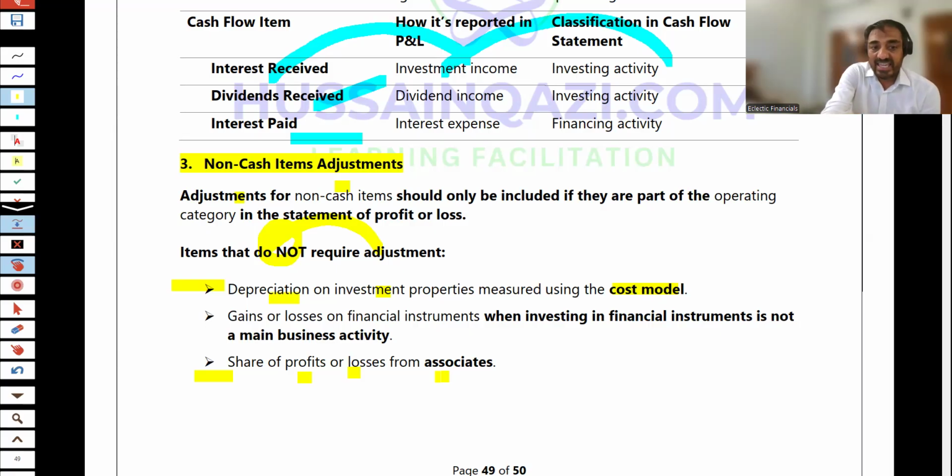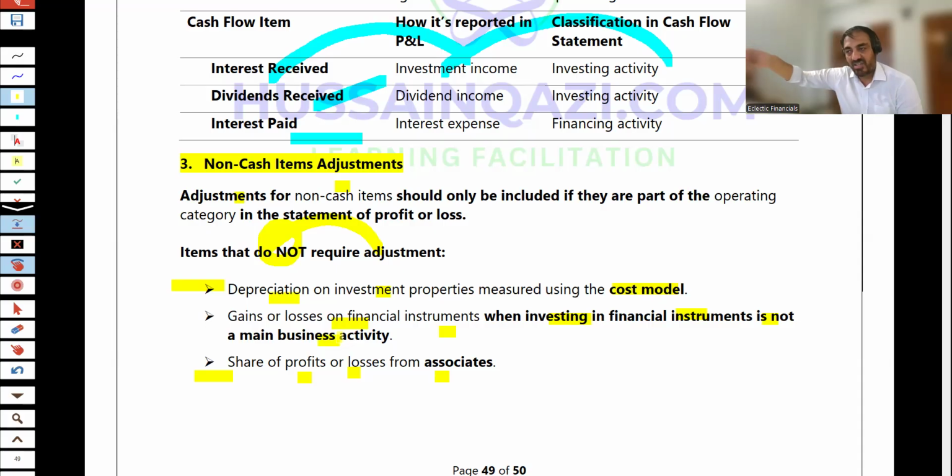Same case, gain or loss on financial instrument. When investing in financial instruments is not a main business activity, meaning it's not a bank, leave the bank aside. Toyota invests in shares.